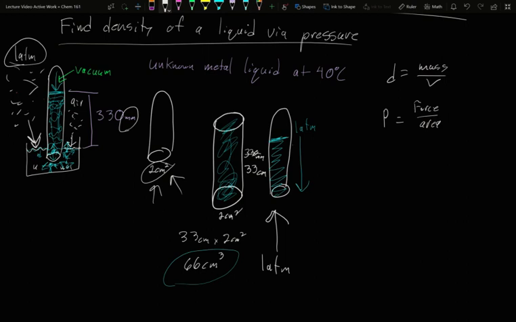So I have my volume, which is part of my density. I need my mass. Well, think about our pressure. There are a lot of pressure units. There's 1 atmosphere. There's 14.7 pounds per square inch, which has a weight and an area, but we're in metric.